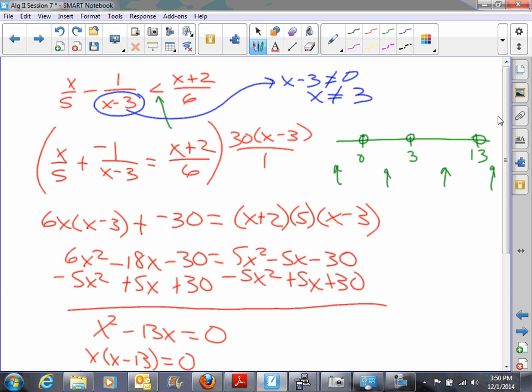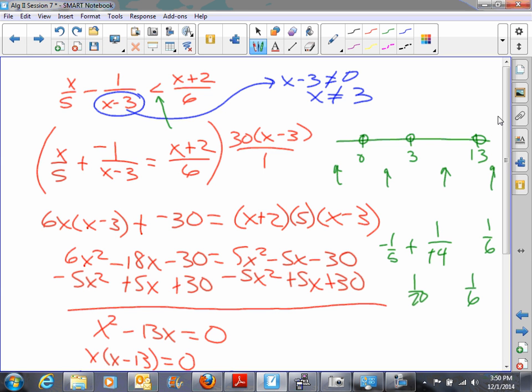So let's start with this one over here. If we put negative 1 in, we get negative 1/5 minus 1 over negative 4, and then on the other side we have 1/6. Well, this is going to be negative 1/5 plus 1/4, which is going to be 1/20, and we have 1/6 over here.